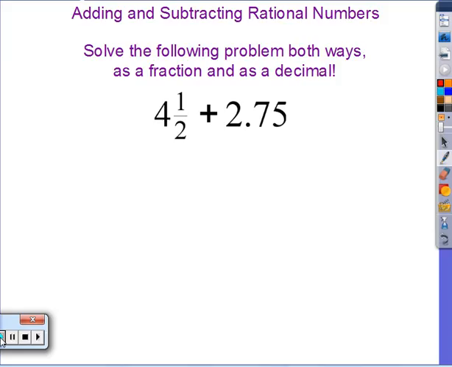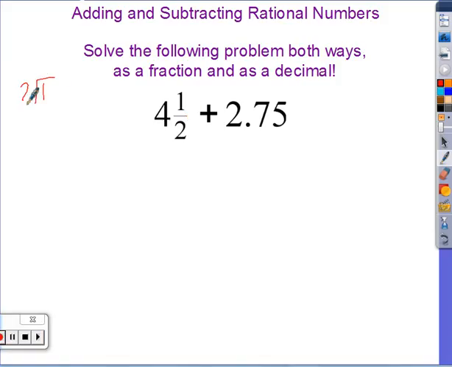So here I have 4 1/2 plus 2 75/100. I would prefer to change it to a decimal and solve with just decimals first. So in order to change my fraction to a decimal, I know that I have to divide because this fraction bar always means that I can divide.